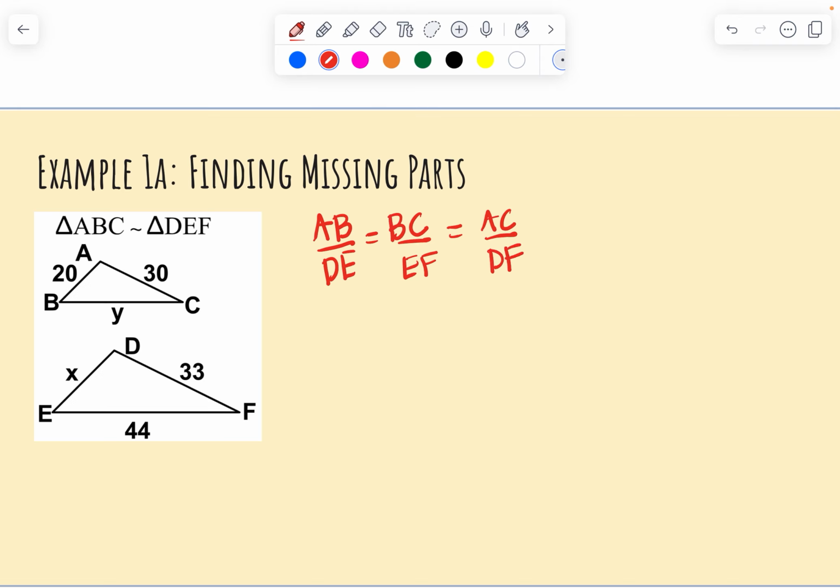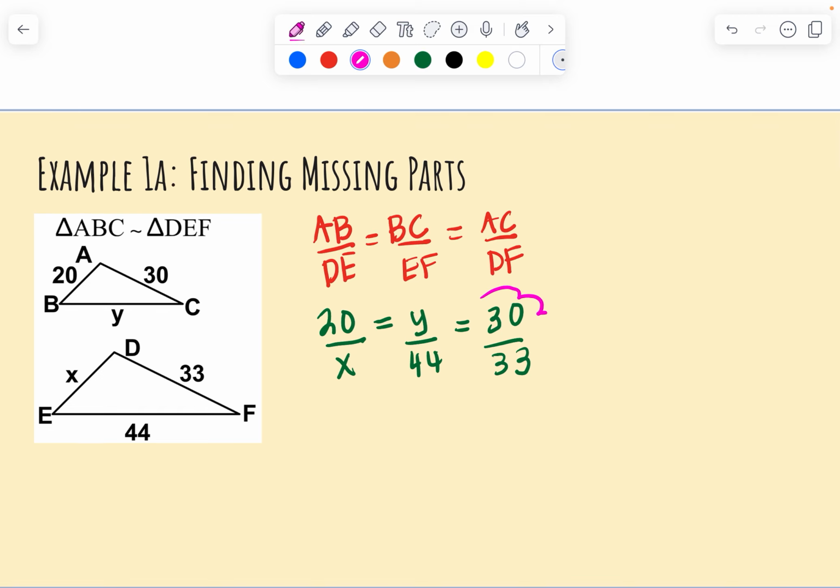So plugging in what we know here, I know AB is 20, DE is X, BC is Y, EF is 44, AC is 30, and DF is 33. So that's what we know here. We need to solve for X and for Y. This is going to be our main proportion, or our main fraction that we're going to be using for both, because we know both the numerator and the denominator.